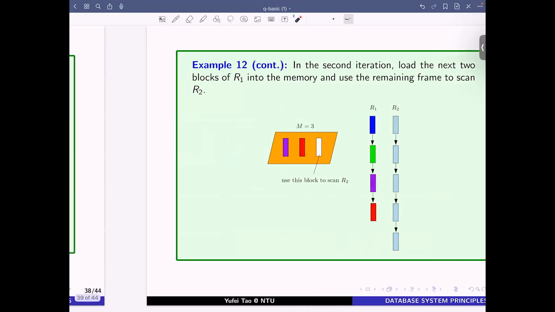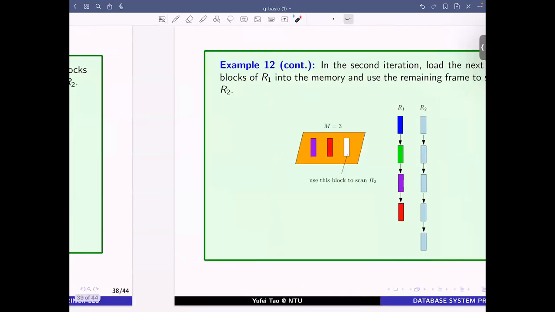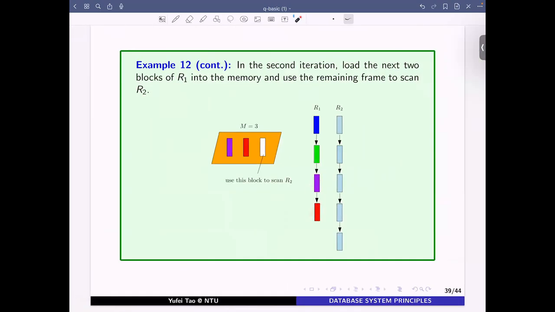Look, the first iteration reads the first two blocks of R1, and the second iteration reads the next two blocks, right? So every block is read into the main memory only once. All right, so the entire R1 is scanned how many times? Only once. So the I/O cost on R1 is just B1, okay?